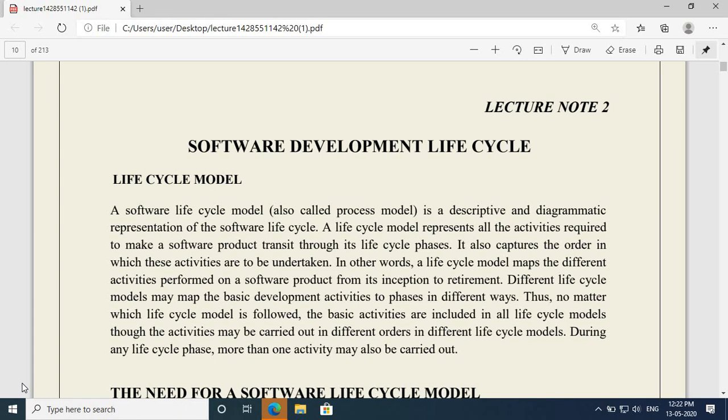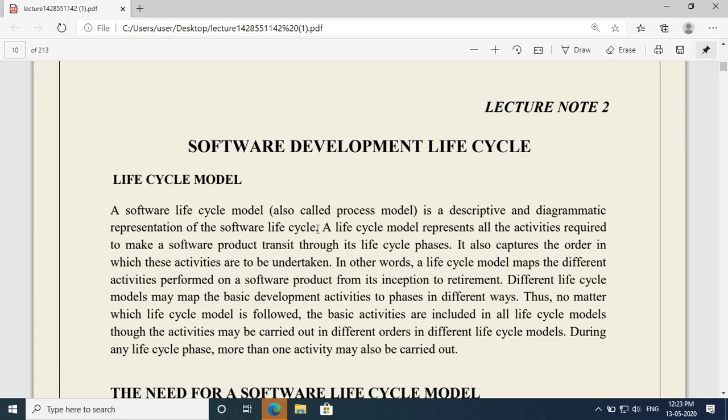Software development lifecycle model is a diagrammatic representation of how to develop the software. There are different steps for developing the software. The SDLC process describes the diagrammatic representation of developing the software. There are different lifecycle models: classical waterfall model, iterative waterfall model, prototype model, RAD model, spiral model.